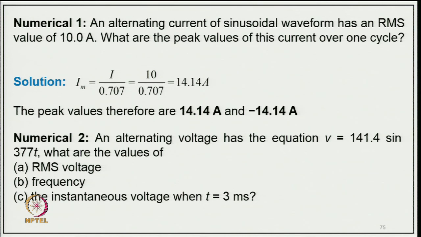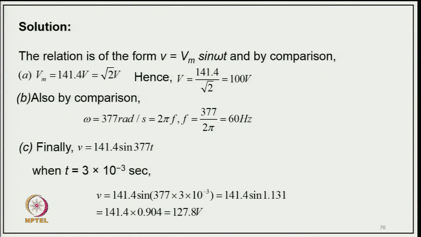Now, coming to numerical 2: an alternating voltage has the equation V equal to 141.4 sin 377t. What is the value of the RMS voltage, the frequency, and the instantaneous voltage when t equals 3 seconds? The relation is of the form V equal to Vm sin omega t, and by comparison Vm equals 141.4, that is root 2 times 100 volt, hence Vrms will be 141.4 divided by root 2, which comes to 100 volt.